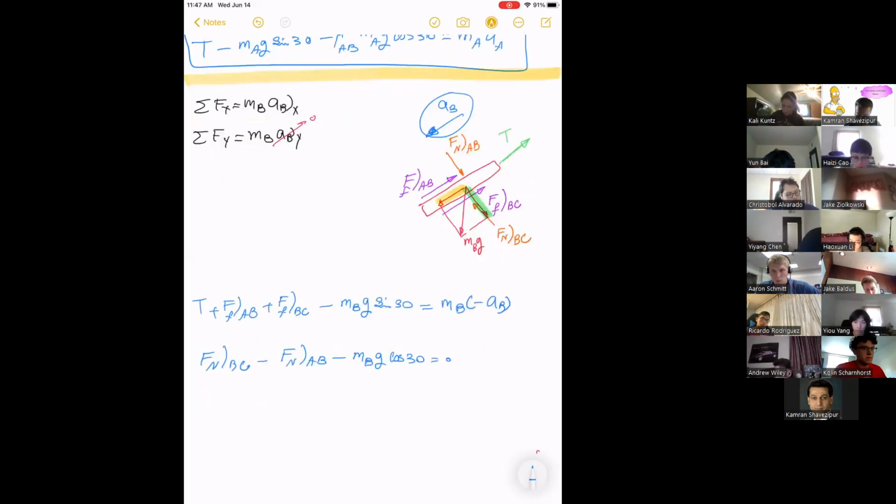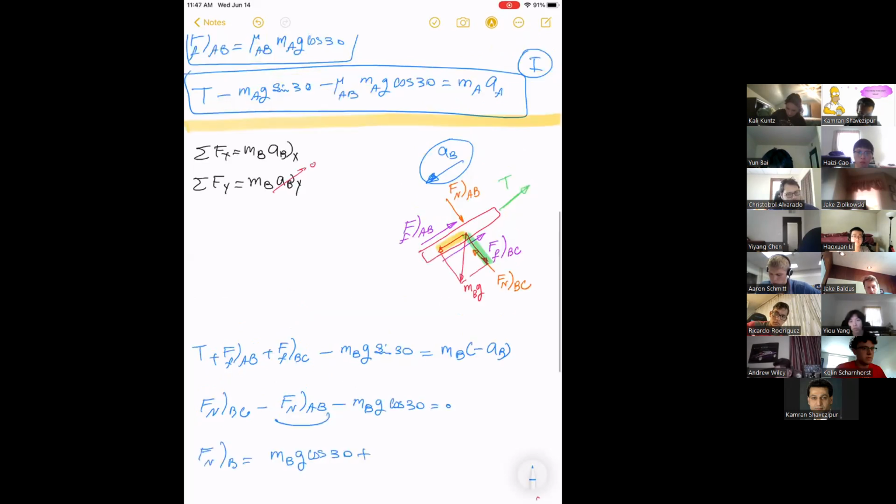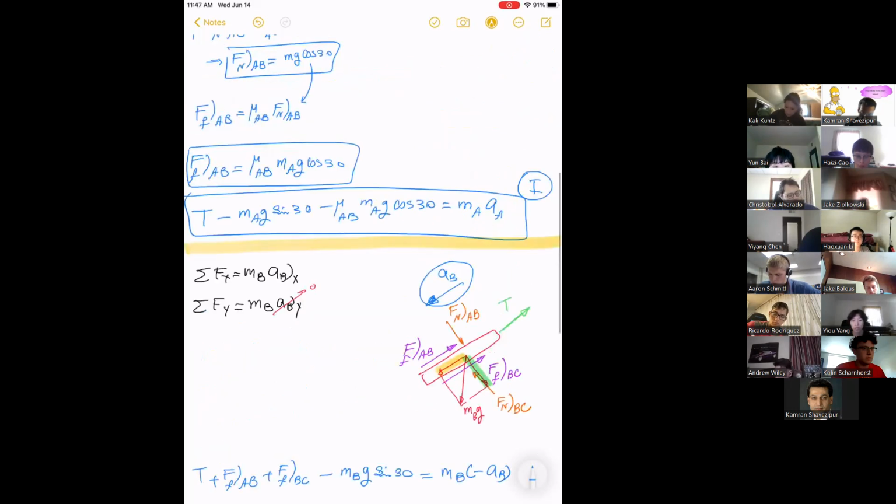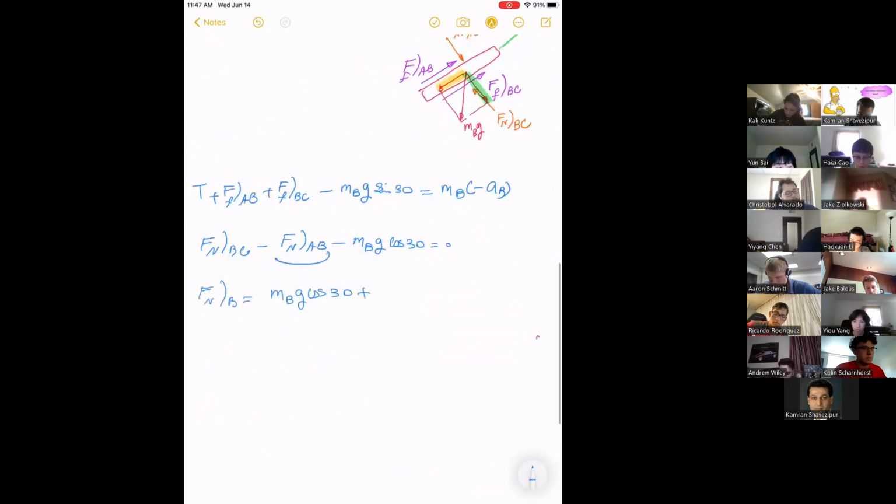And if you simplify this, FNBC is going to be MBG cosine 30 plus FNAB, which was MAG cosine 30.